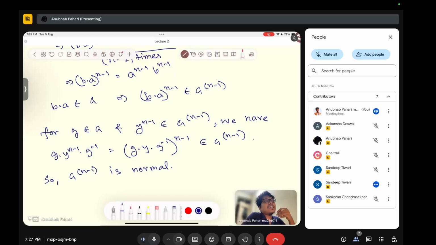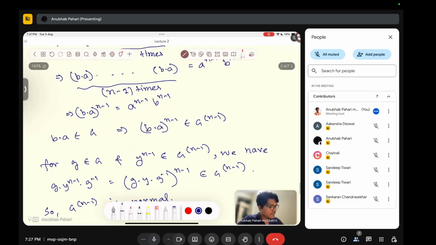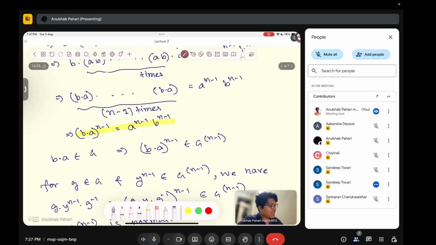But I think you will face one problem. You are saying that we have to go downwards successively. From n to n minus 1 this is clear, because we have that (ab)^n equals a^n b^n, right? But for the n minus 1 case, we get the order changed.